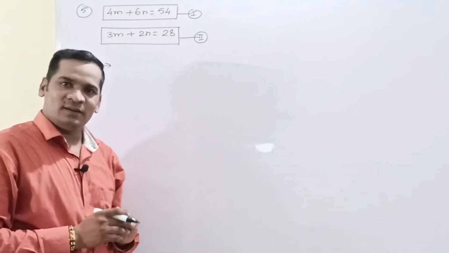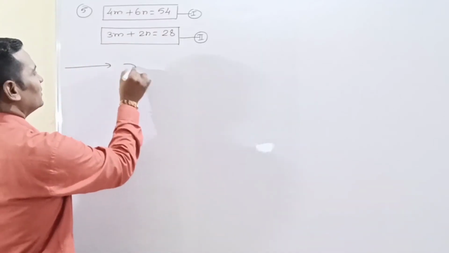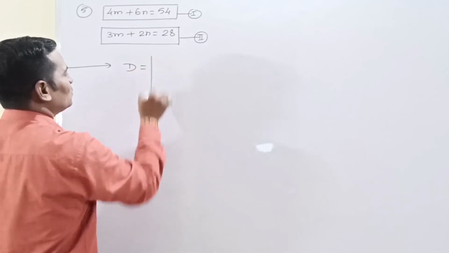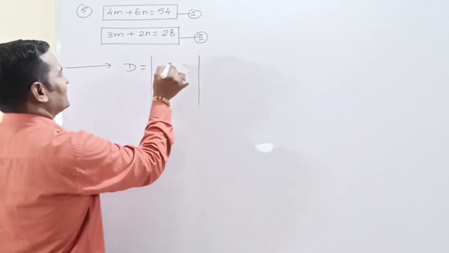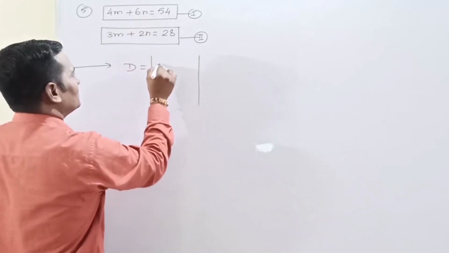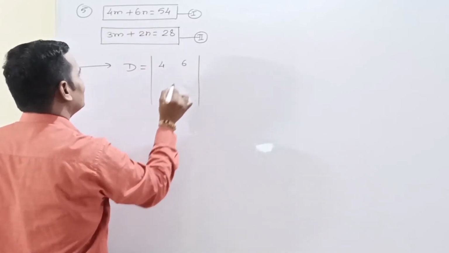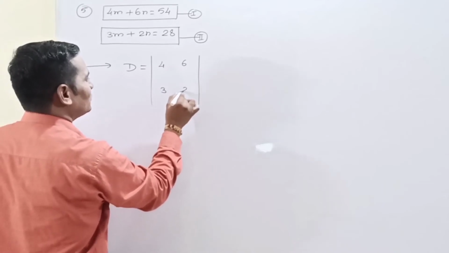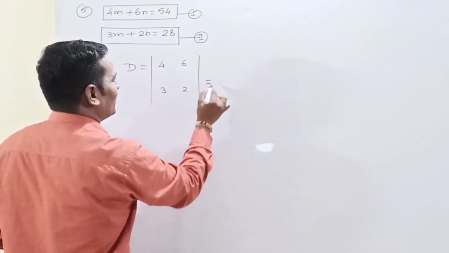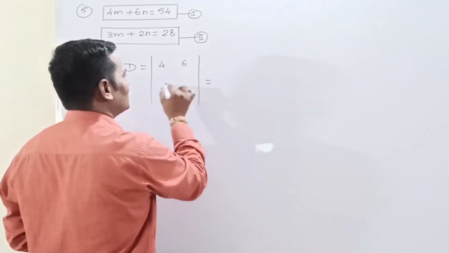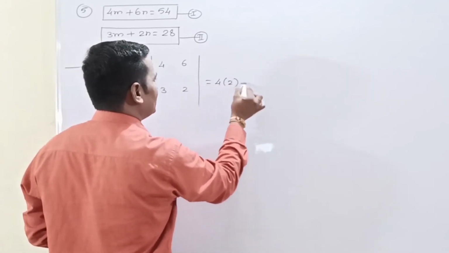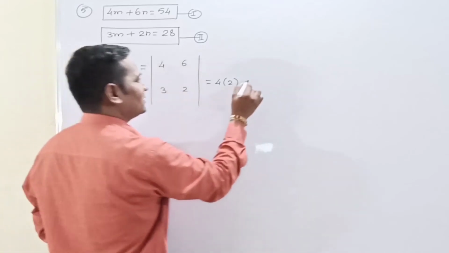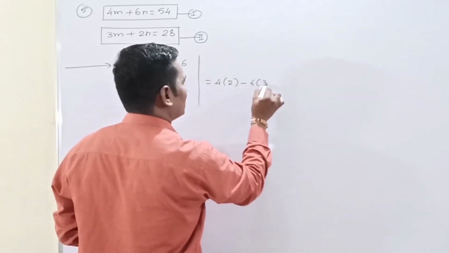Okay, so let's find out the value of D now. D is equal to determinant. The first determinant is here. So let's take the coefficients of the first two terms. This is 4 and 6. Now 3 and 2 is here. So let's find out the value by making cross multiplication. 4 into 2 minus 6 into 3.